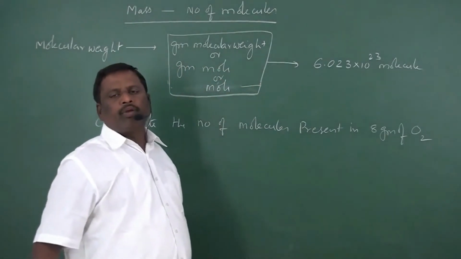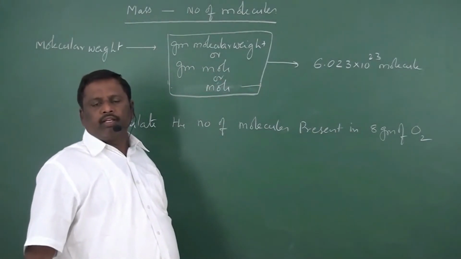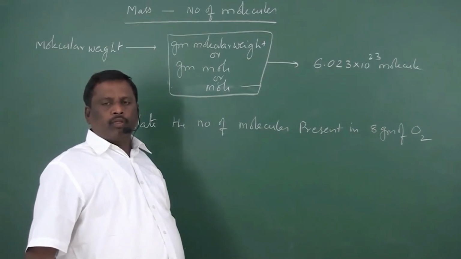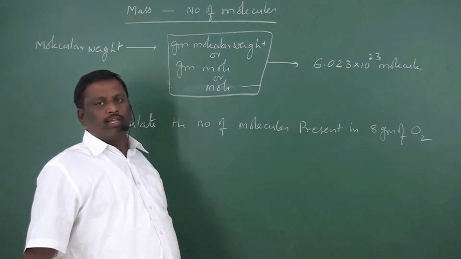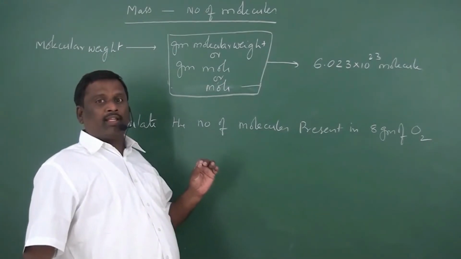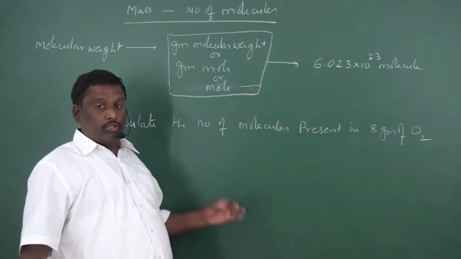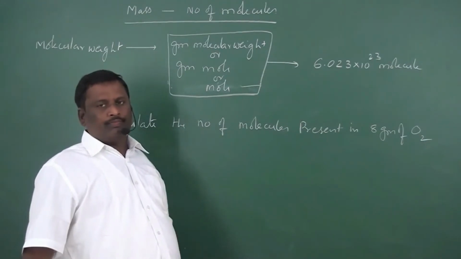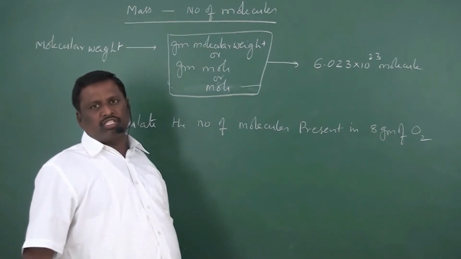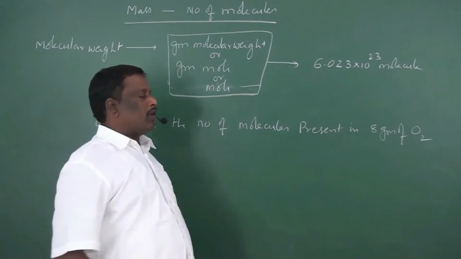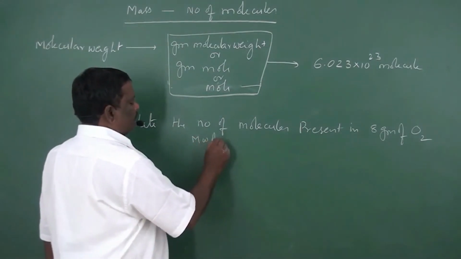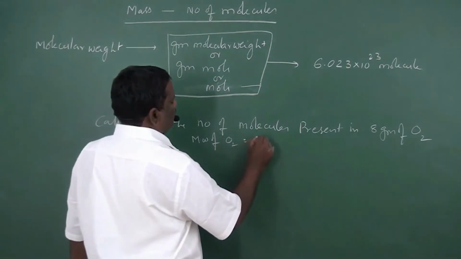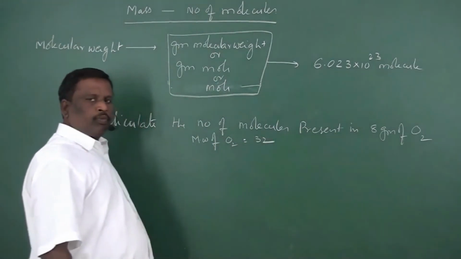In any problem, we already know that to calculate the number of molecules, we should know the molecular weight of the substance. Now here the substance is oxygen. So oxygen's molecular weight is 32. Molecular weight of O2 is 32.